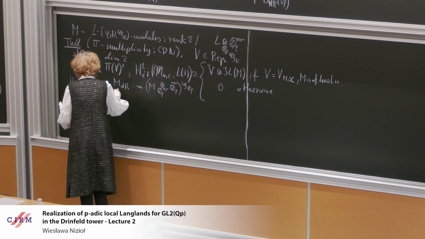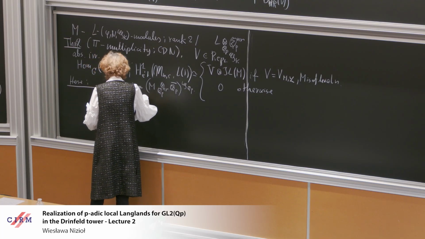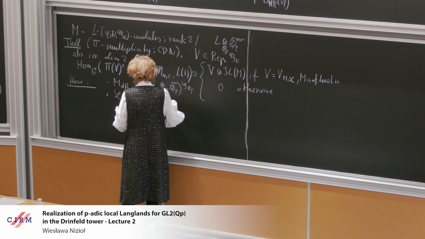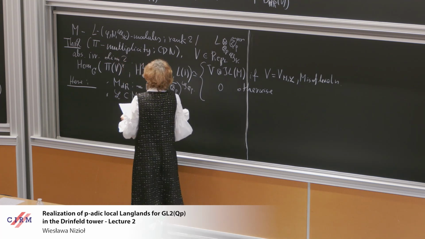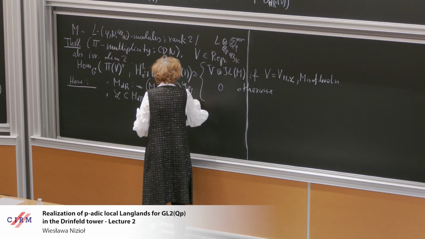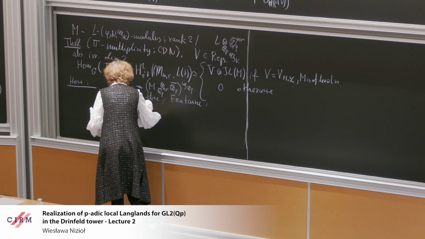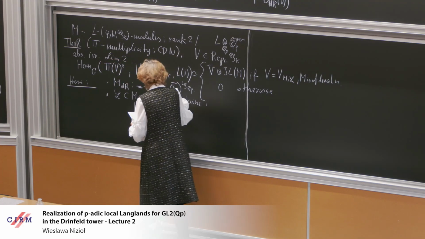And L is a line in M_dR over L. So L is a line, and now Fontaine, as a functor, takes this data and gives us a Galois representation.